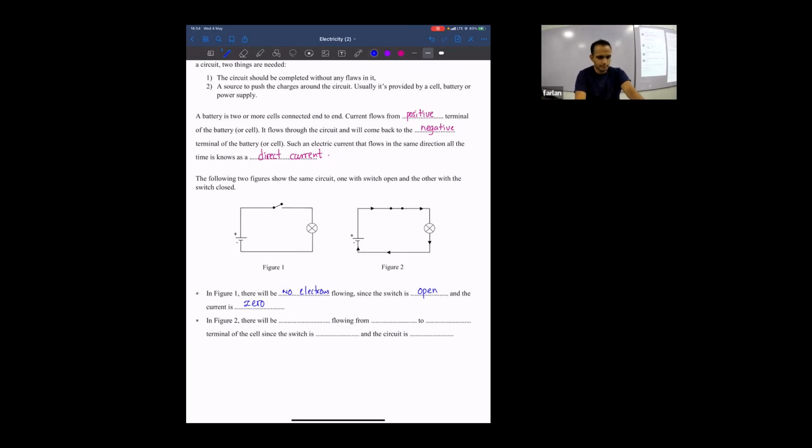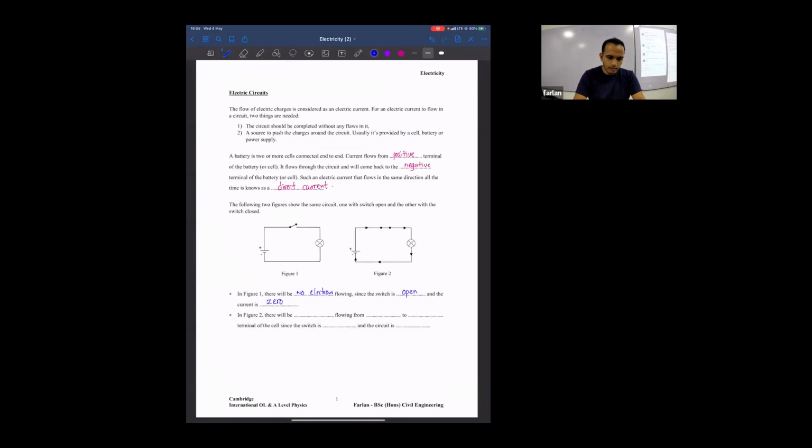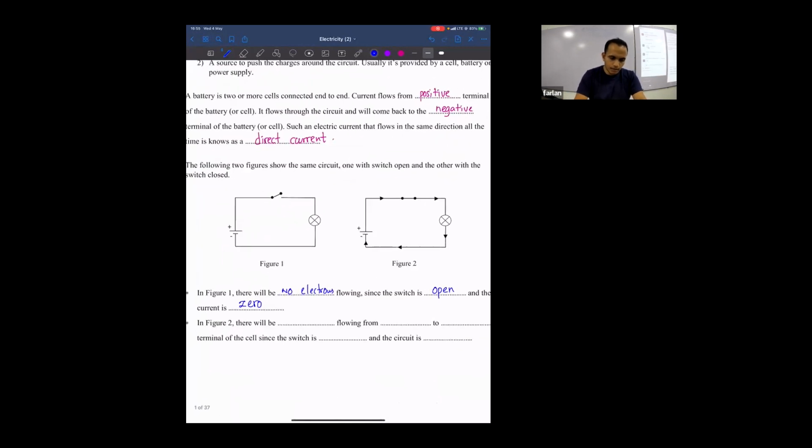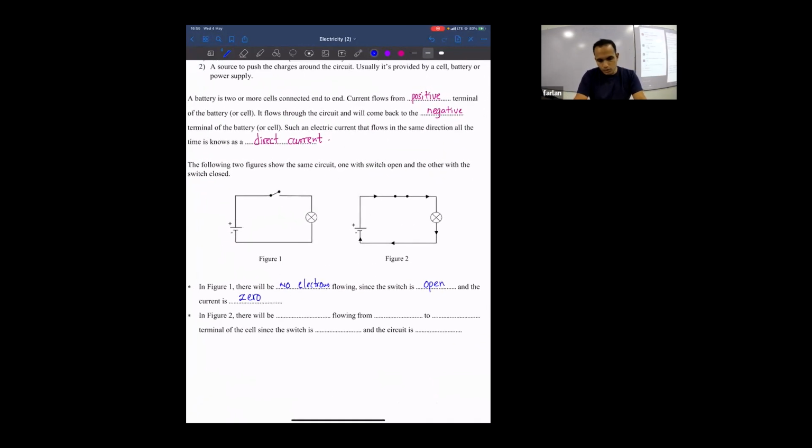Correct? And the next statement: in figure 2, there will be blank flowing from where to where? Tell me, in figure 2, there will be electrons flowing or current flowing?